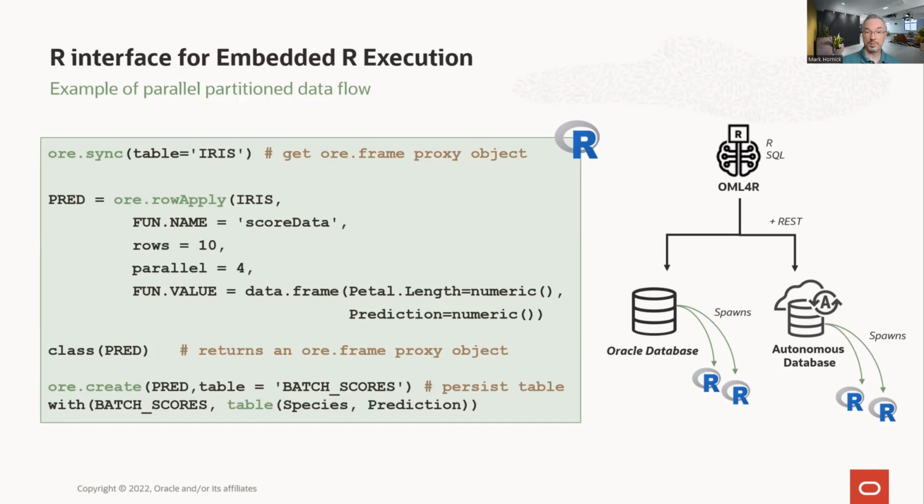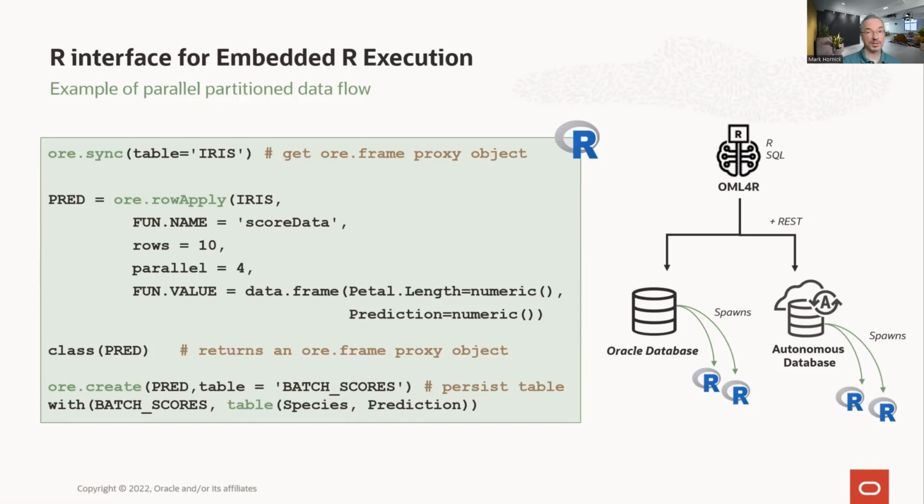The FUN.VALUE parameter specifies the resulting data frame structure, so it can automatically create a single result as opposed to a list of partial results. Invoking rowApply causes the database to spawn the R engines, load the UDF, and a data partition into each of these, and then collect the results, which are presented as a single ore.frame proxy object.